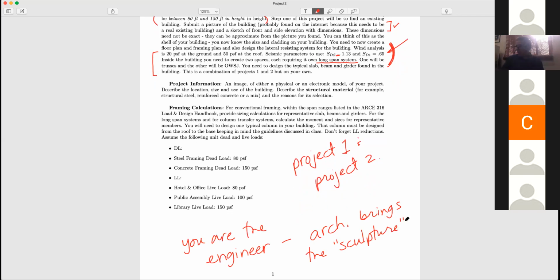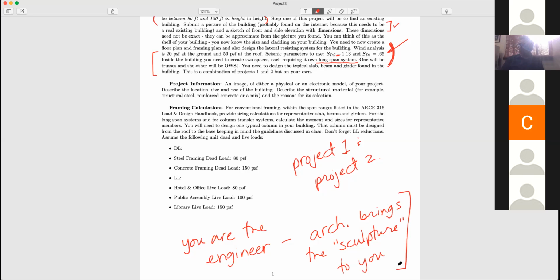Call it a sculpture, and that's what they want it to look like on the outside at the end. And it is then up to you, in a sense, to figure out how you can make it stand up.